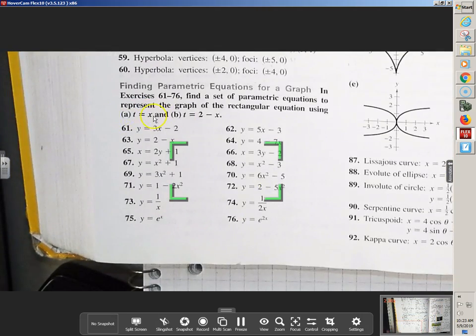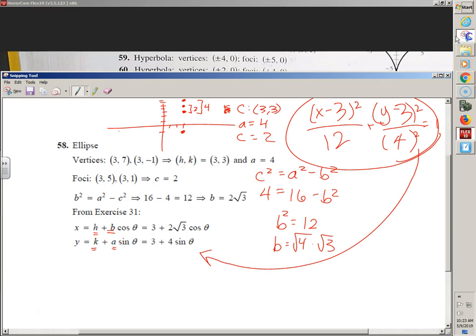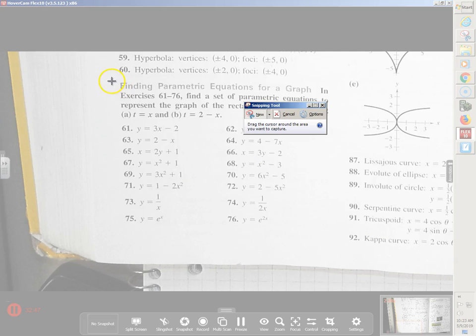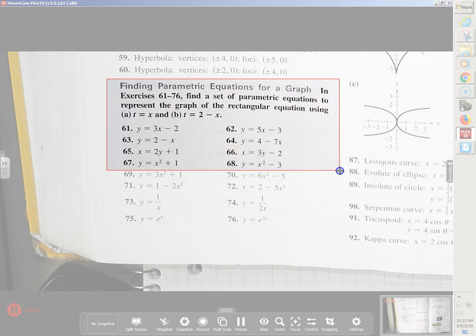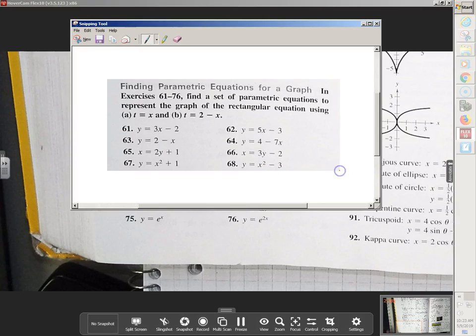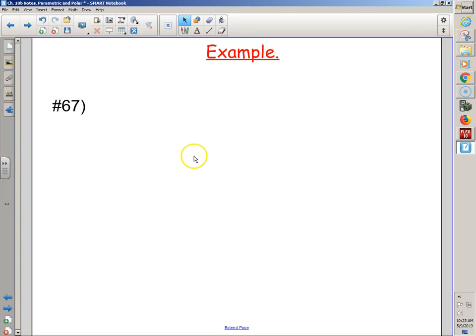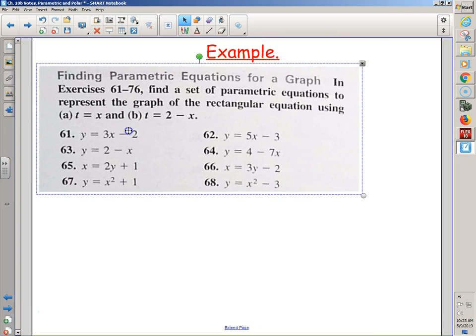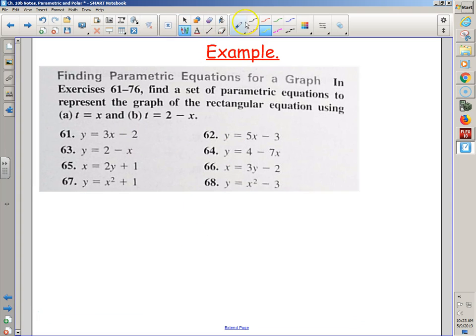In that it says, and it was important to read the directions as it always is, hey, t equals x is going to be your first guy, and t equals 2 minus x is going to be your second guy. And so as we saw a moment ago, these aren't as bad as they seem. They just feel kind of yucky because you didn't get as many examples, especially yesterday. But it was super important to take that and realize they wanted us to go from function to parametric.